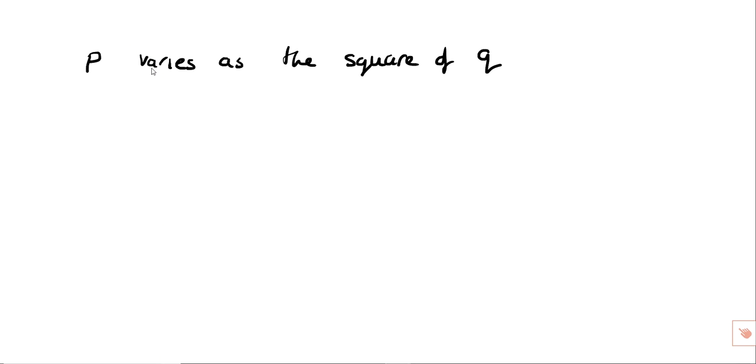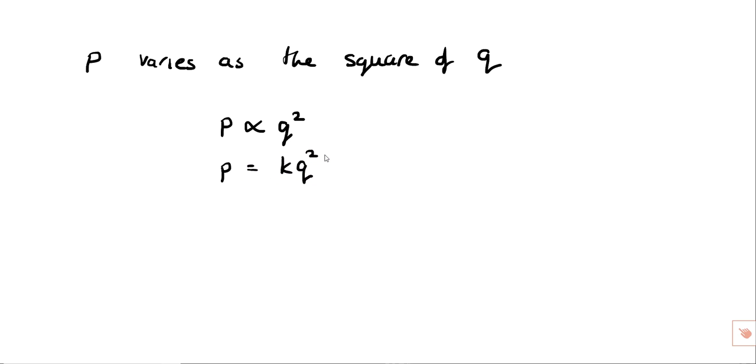Okay, now what this means is, this time P varies directly, so we're still dealing with direct variation, which means as one increases, so does the other. But this time it's Q squared. So we could still write P equals K times Q squared.